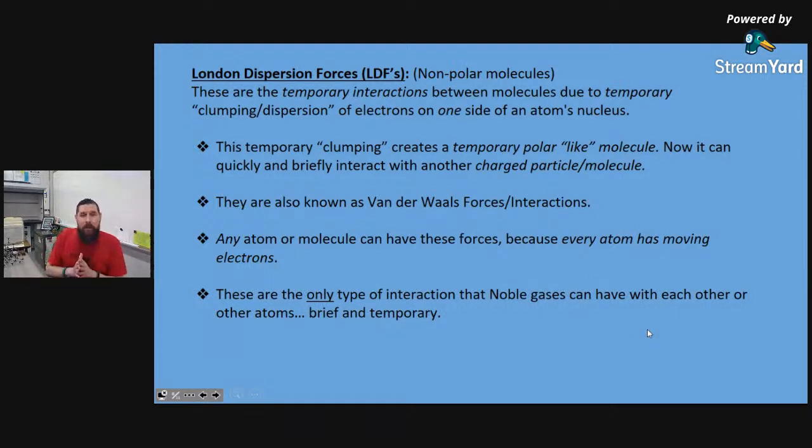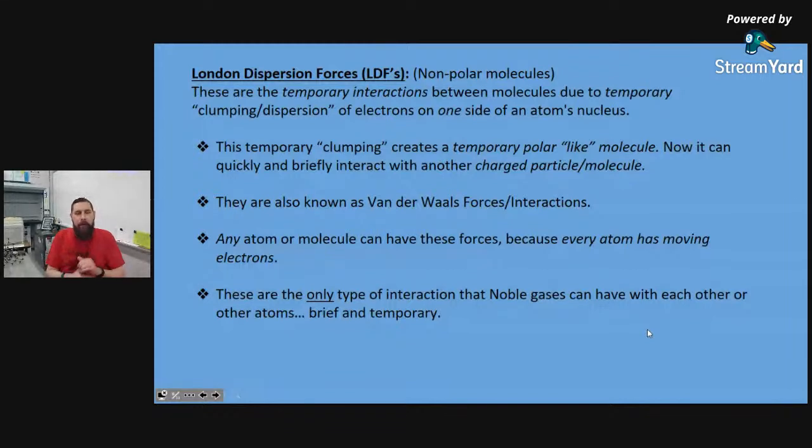This is the only type of IMF that noble gases can have. This is what keeps molecules of helium together, neon, argon, together: London dispersion forces.